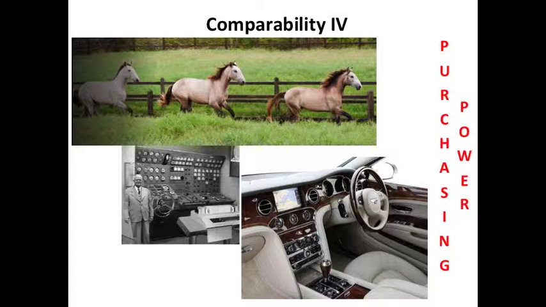Now, purchasing power is another dimension of comparability. Meaning, what can we actually buy? Purchasing power. What can we buy for the money we have? Looking at the overall production.